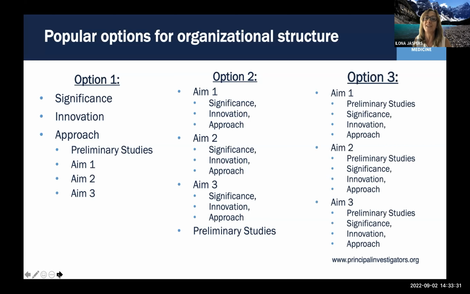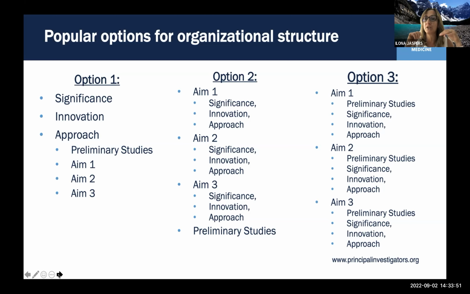Or for each aim, you have all of the things pertaining to that aim in separate components. Everyone has a different approach, and you can have hybrids of these approaches, but make it very clear and stick with that organizational structure.